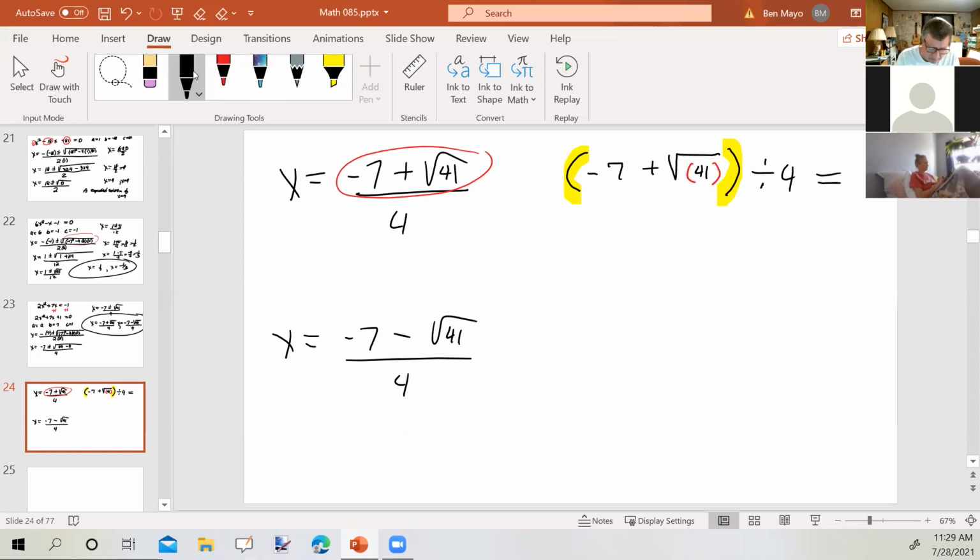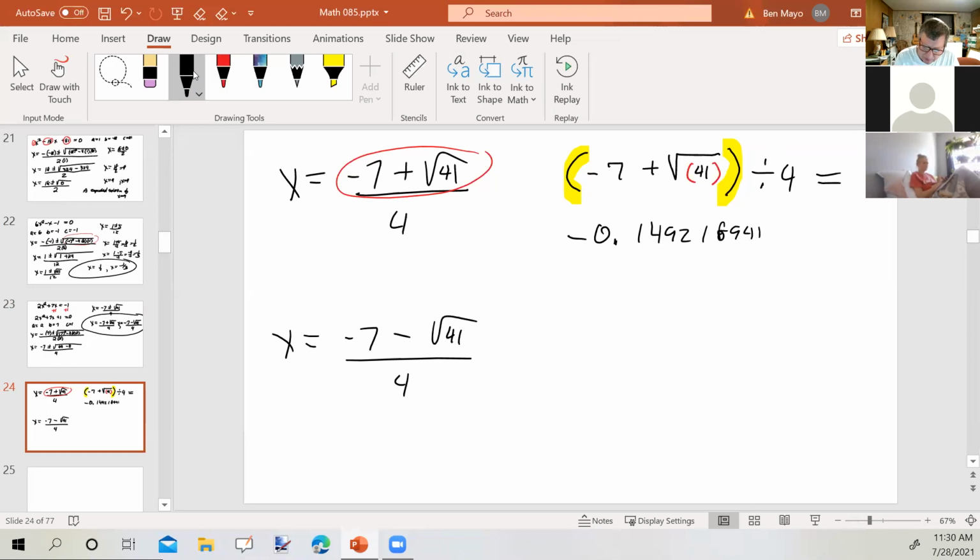All right, so let's see what we end up with. Left-hand parenthesis, -7 plus second square root of 41, close up the 41, close up the entire numerator, divided by 4, and I get -0.149218941.